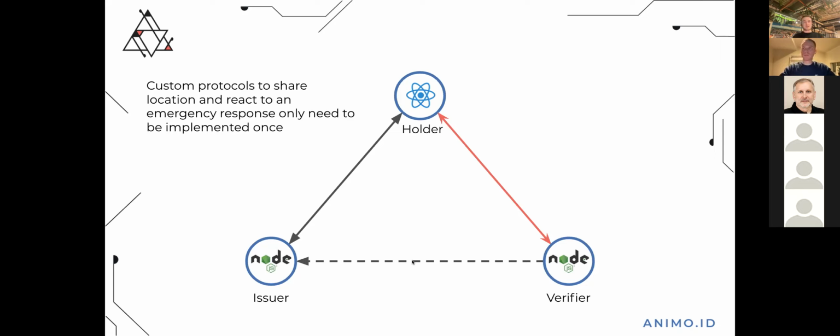So that means for a single use case, we could create several different applications, all built on the same framework, meaning it became easier to manage and implement. And it also means that the custom protocols we needed to build only needed to be implemented once instead of across several different framework implementations.